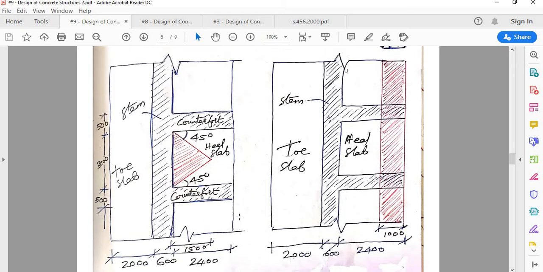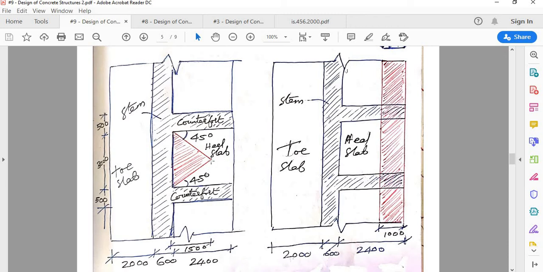So it is like this. The total length is 2.4 meter. This much is 3 meter. 600 is the width of the retaining wall at the base. So this much is 2.4 meter. If you use a 45 degree angle, the clear distance between counterforts is 3 meter, which we decided earlier. So 45 degree means this will come to 1.5 meter.